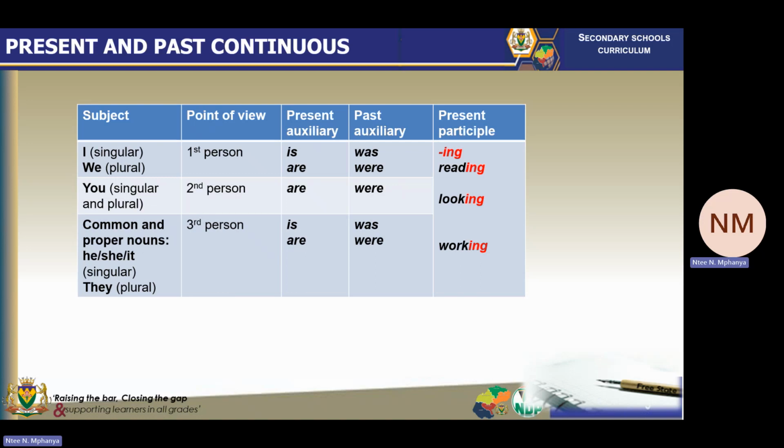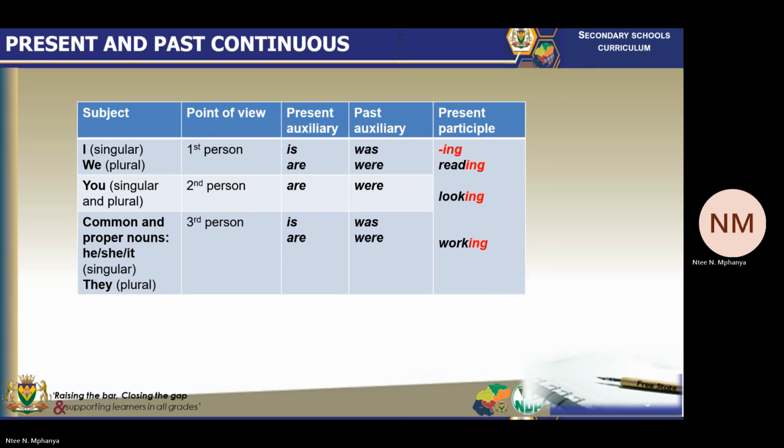But all the present participles take the form of the present participle ing, meaning that when we read in past or present continuous tense, we say we are reading or we were reading. Right. Let us look at this in detail.